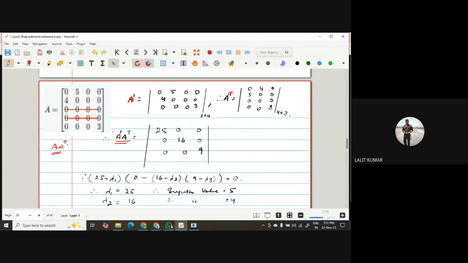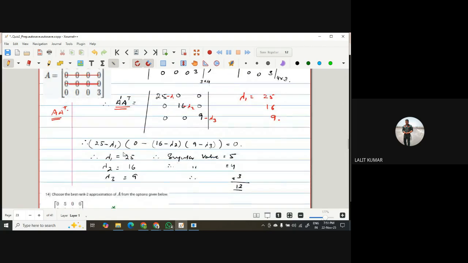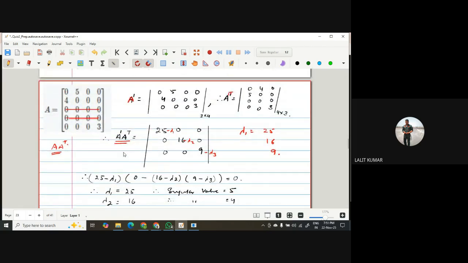And now from here you find the eigenvalues, lambda 1, lambda 2, lambda 3. So your eigenvalues are 25, 16, and 9. And remember, a singular value is equal to the square root of your eigenvalue. So this will become 5, 4, and 3. So please remember this in the quiz if the question comes.